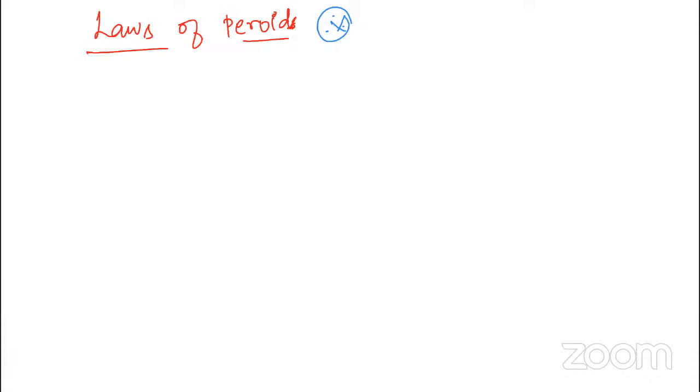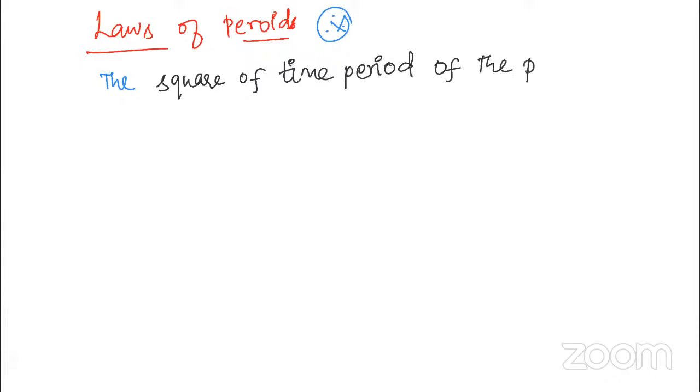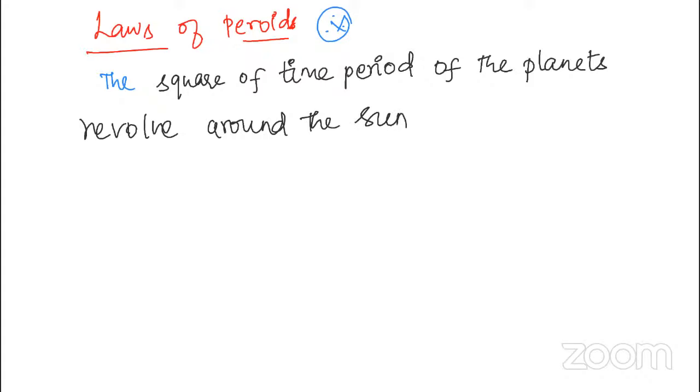The square of the time period of the planets revolving around the sun is directly proportional.